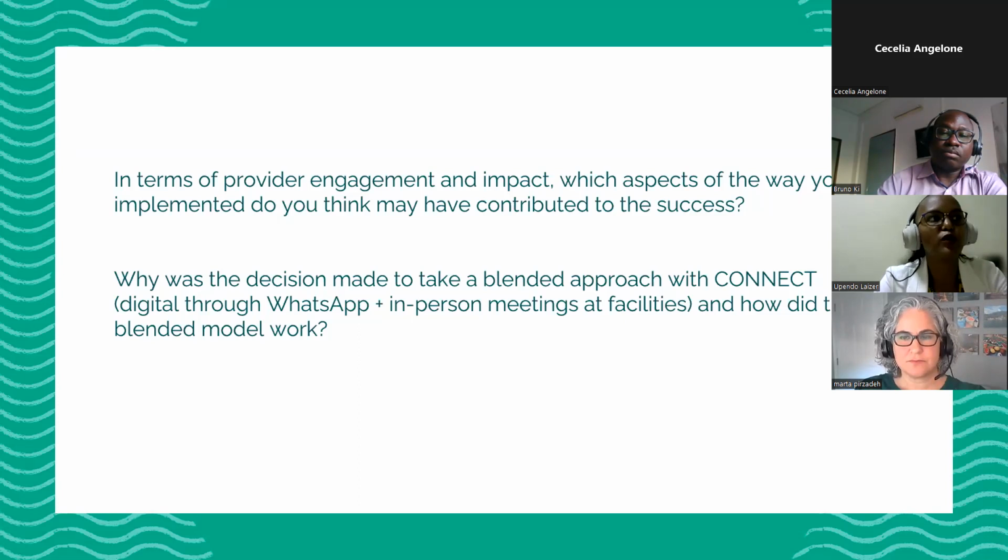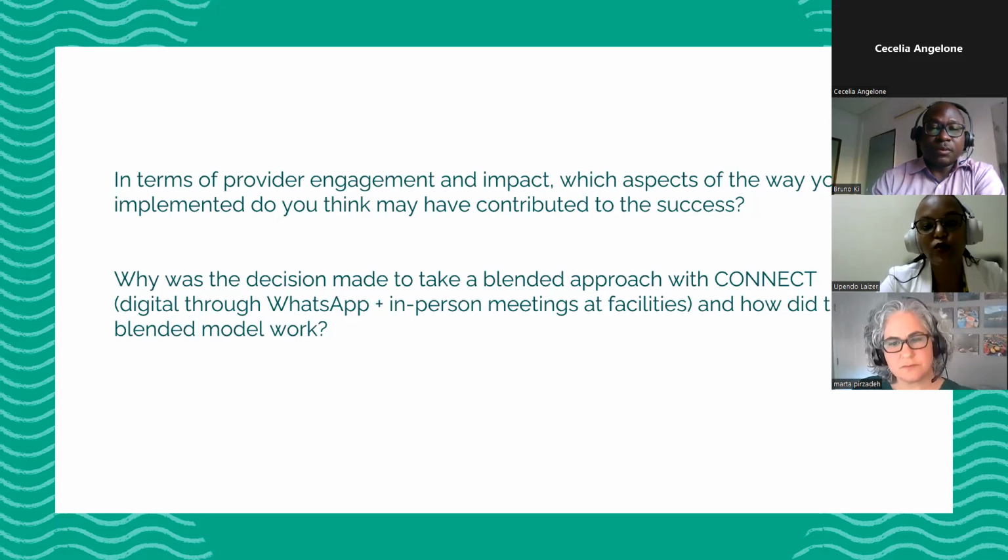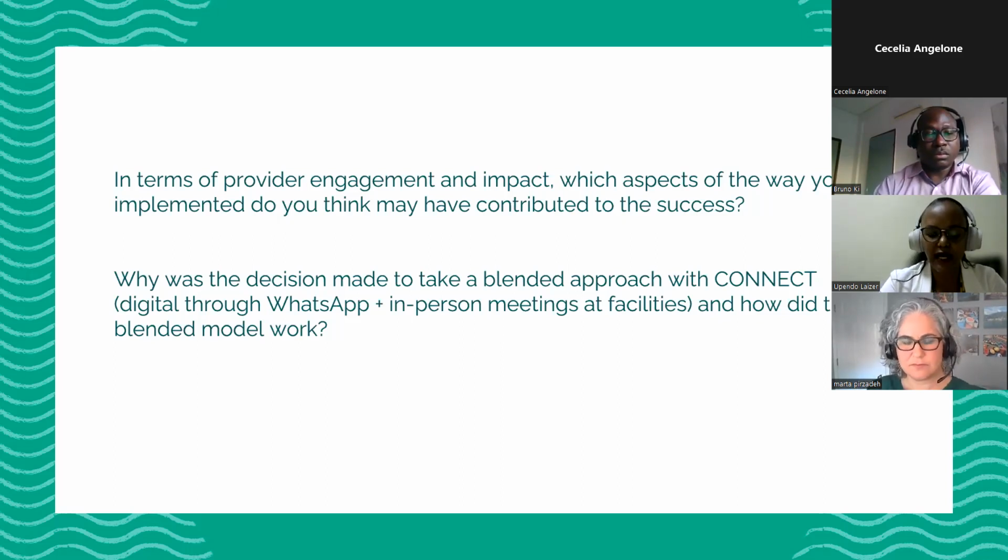Providers felt that this model of connecting to their peers and other actors in this journey of giving services to adolescents and youth consumed their time and used their internet mobile data, and that it assumed that all of them have access to and can utilize a smartphone. But to address this challenge, the blended model was adopted in Tanzania.